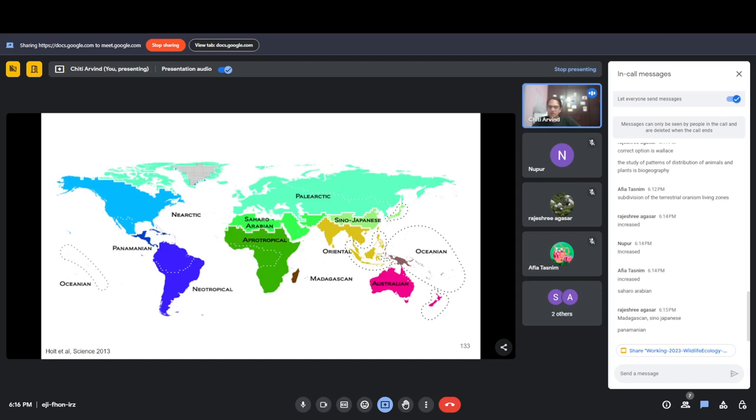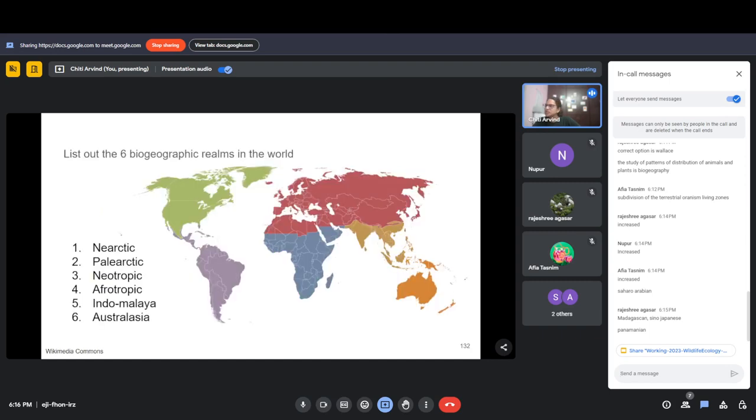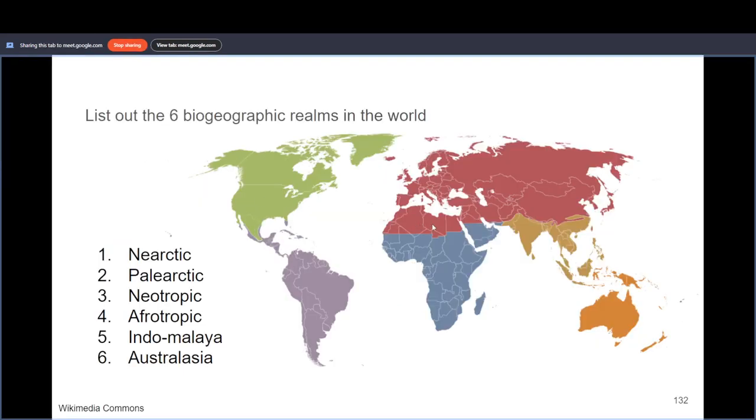different regions. Let me see if I can bring that back again so that it's quite evident to you. So if you see the regions in red out here, this region has become the Saharo-Arabian region.